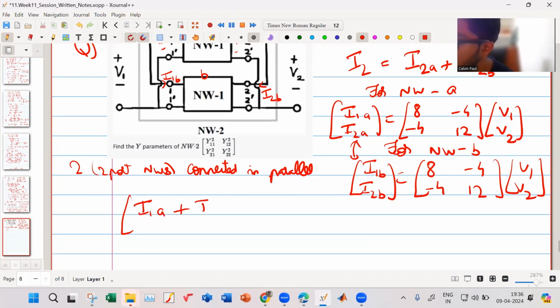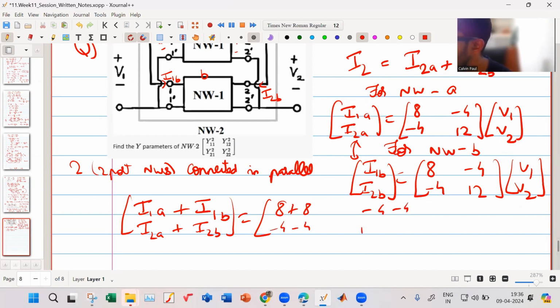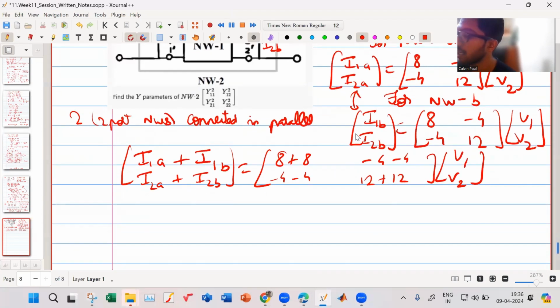I1A plus I1B and I2A plus I2B is equal to 8 plus 8, minus 4 minus 4, minus 4 minus 4, 12 plus 12, V1, V2. Okay, so what is I1A plus I1B?